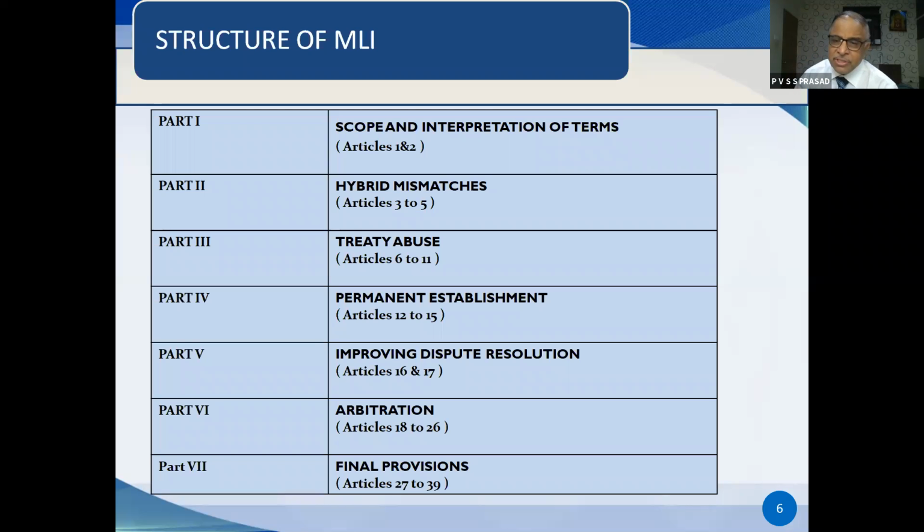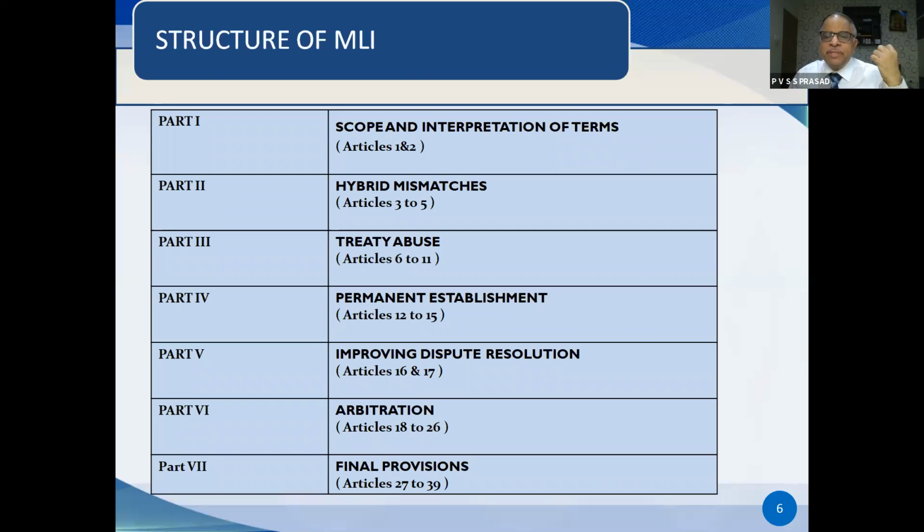And arbitration, for your knowledge, I would mention, is another process through which disputes regarding tax treaties would be resolved. What I mean to say is, first of all, you are referred to the competent authority, as I mentioned to you earlier. Suppose a US company has a subsidiary in India, and the subsidiary has gone through some transfer pricing adjustment.